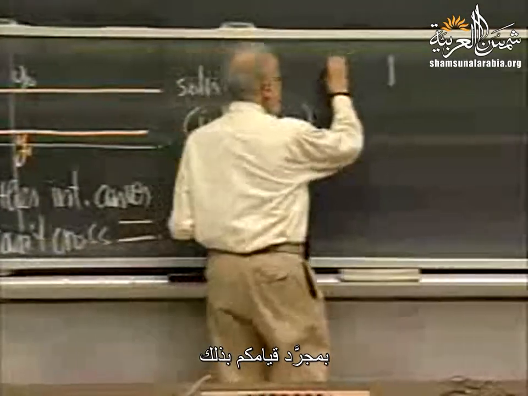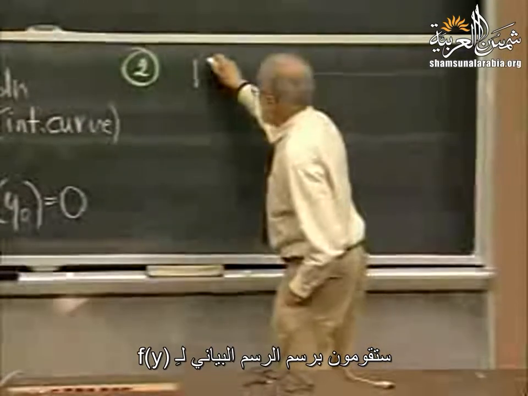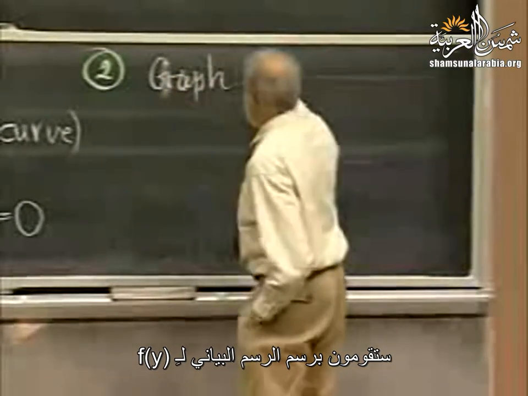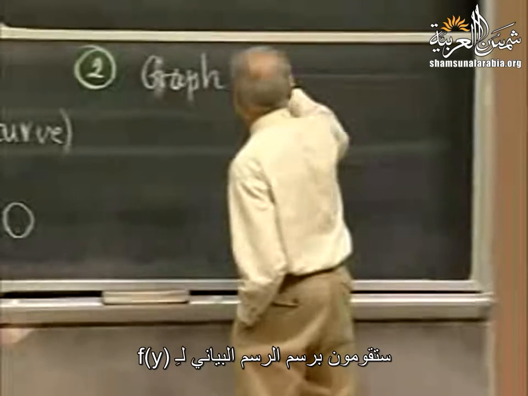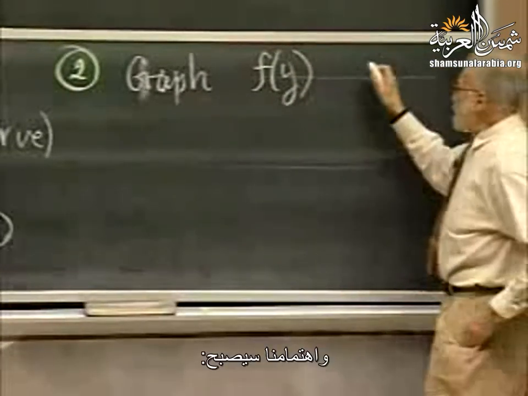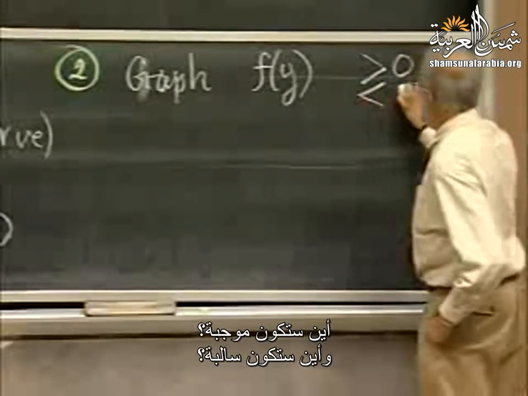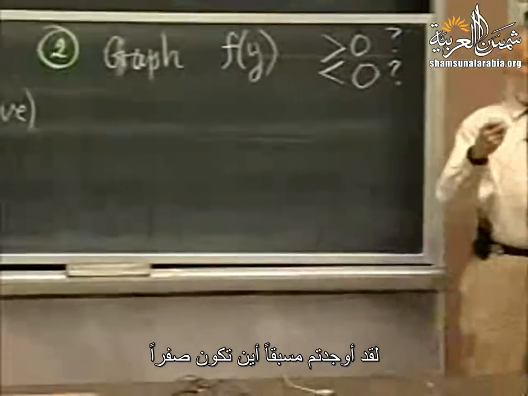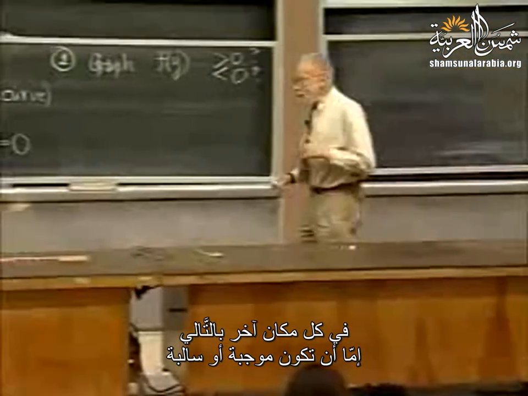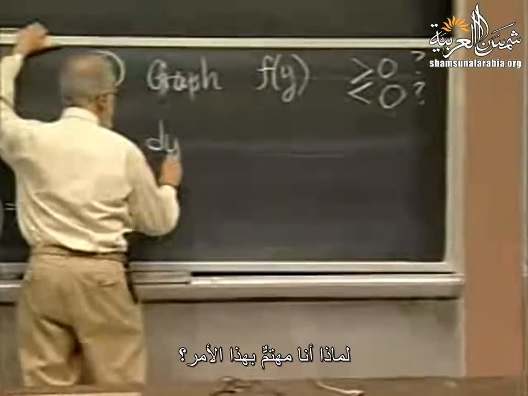Once you've done that, you're going to draw the graph of f of y. And the interest is going to be, where is it positive? Where is it negative? You've already found where it's 0. Everywhere else, therefore, it must be either positive or negative. Now, once you found that out, why am I interested in that?